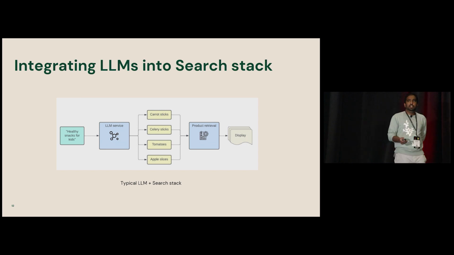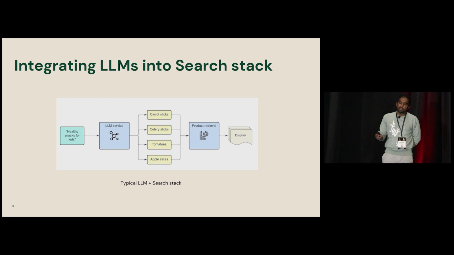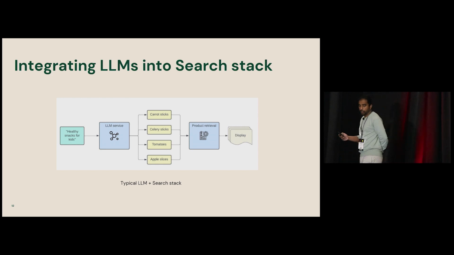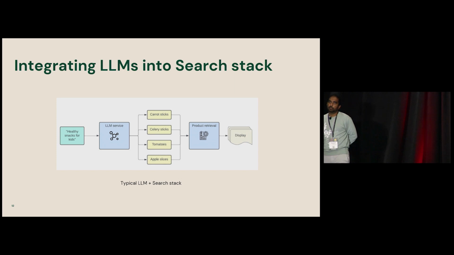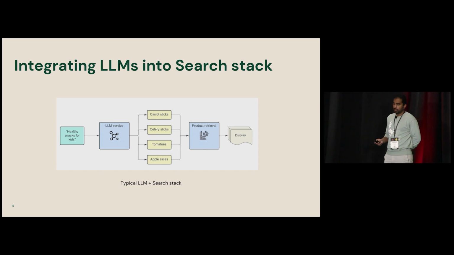And this LLM service gives out a bunch of results or answers, let's call them, and these answers are then sent into the product retrieval. And once the product retrieval engine fetches products for all these answers, then we display the products on the page. This is a typical search stack flow. This is a very simplified version of it, obviously.